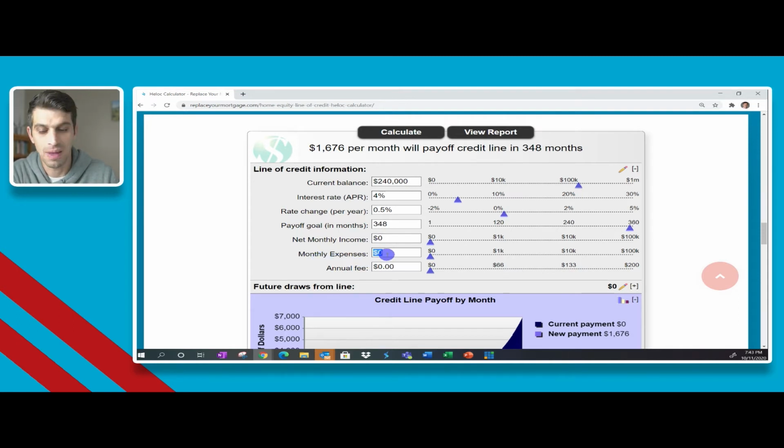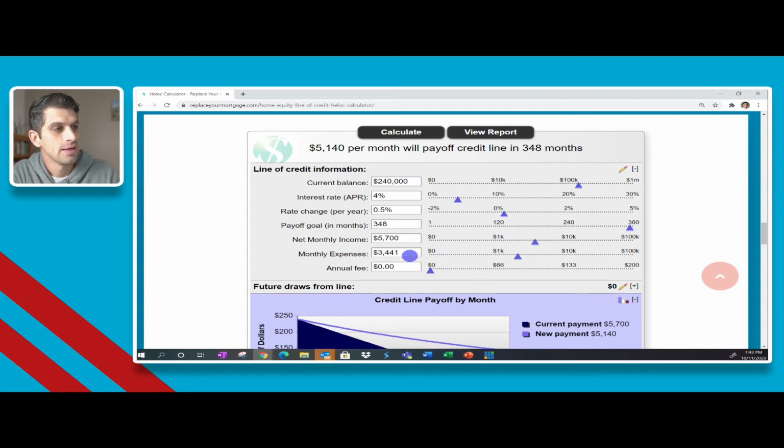So my monthly expenses come in at $3,441. Your net monthly income is your income after taxes. So currently I'm going to input $5,700.